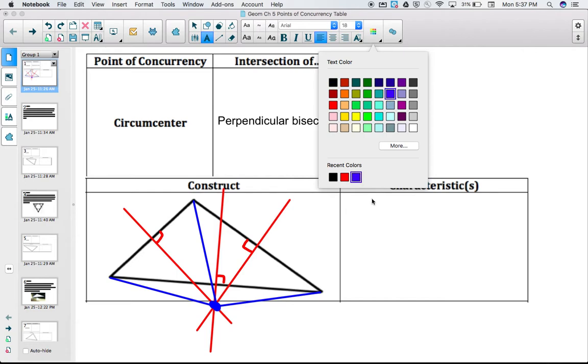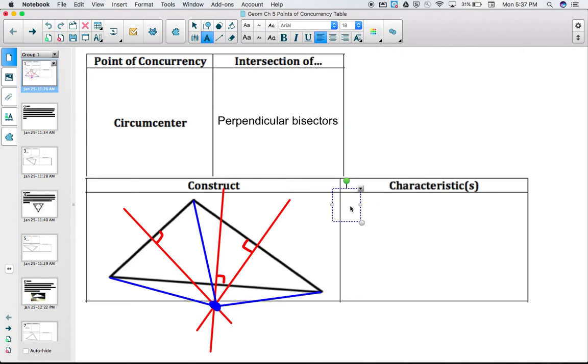So in other words, the circumcenter is equidistant to the vertices of the triangle, or the corners, if that makes more sense to you.